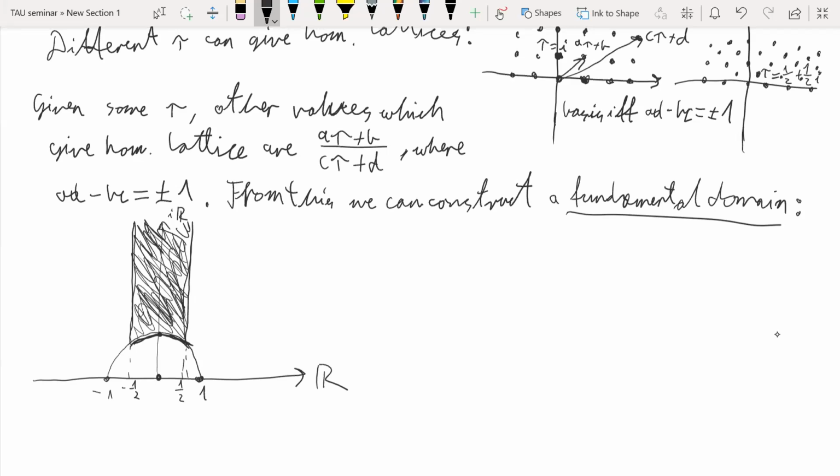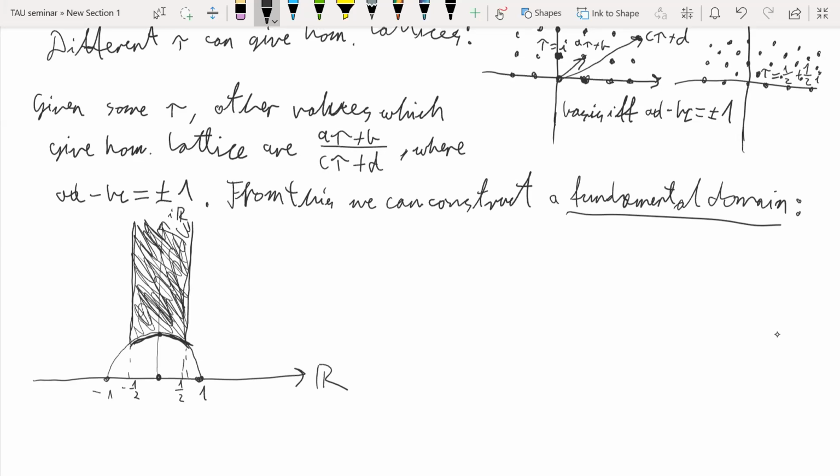Okay. And now if you think about what it looks like after gluing all those things, it is going to look like a cylinder which is capped from one end, and it is going to extend infinitely above.